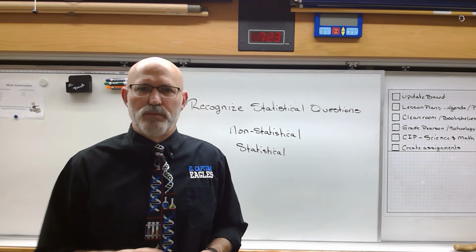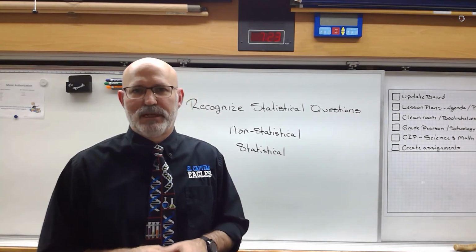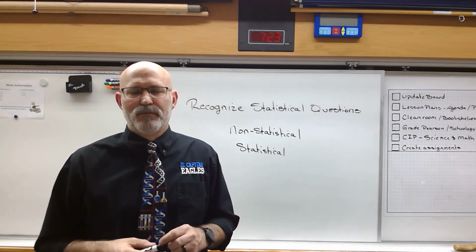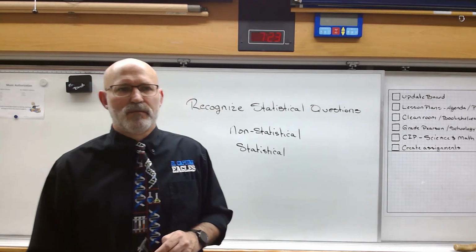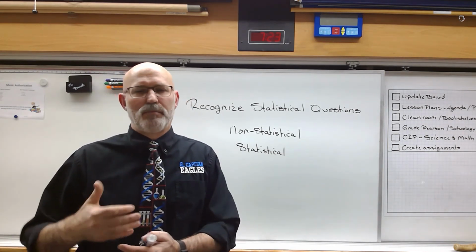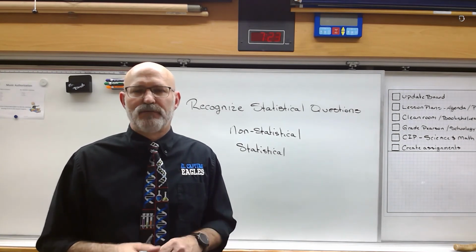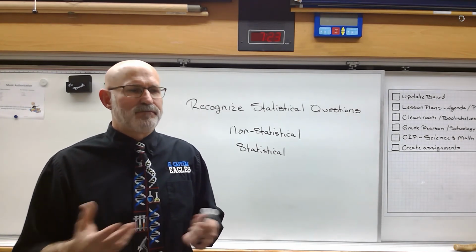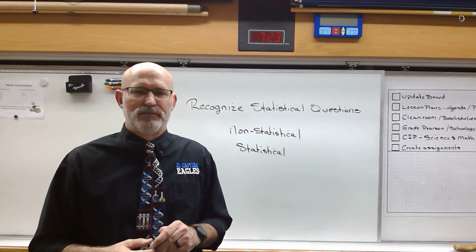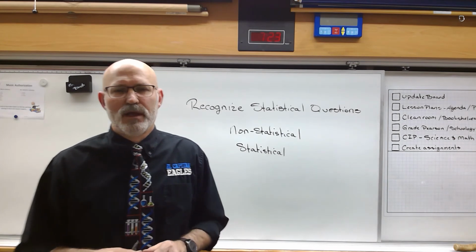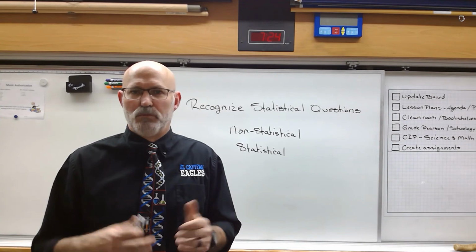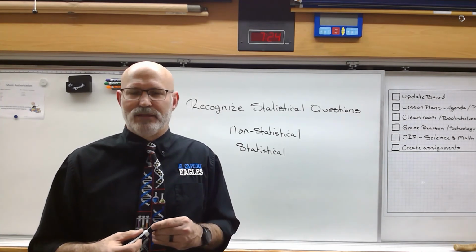Now, can yes or no be a statistical question? Yes, it can, because there's two answers. If I were to put a poll on the ballot that said, do we want to raise taxes to build a building or a football field or something for the community, and there was a yes or no, that would be a statistical question because there's two answers, yes or no. Can you change a yes or no to include more answers?